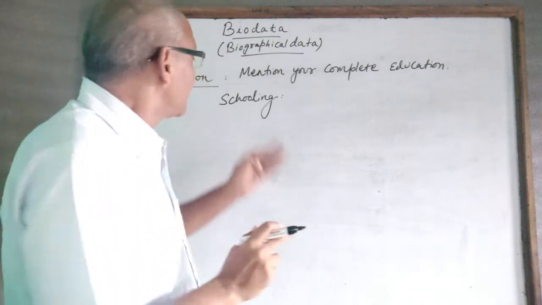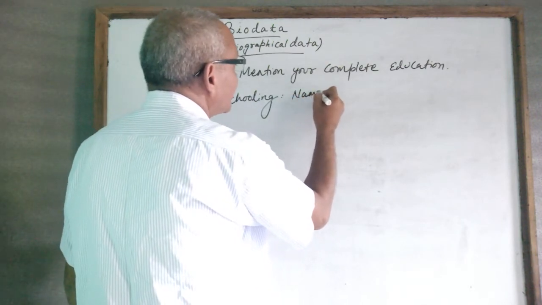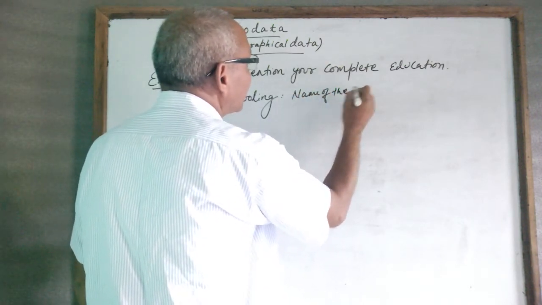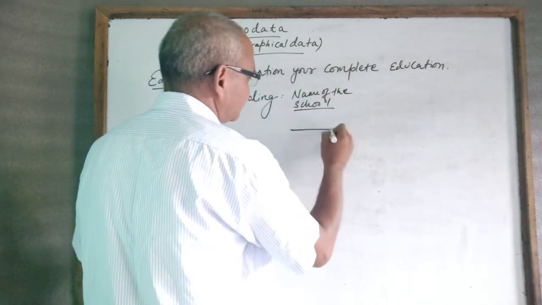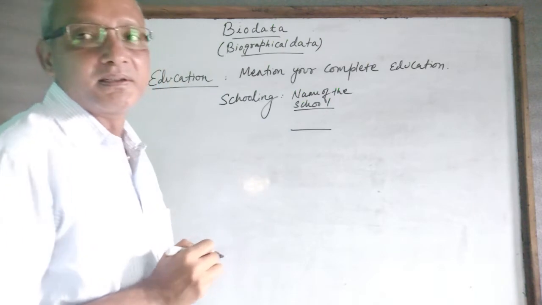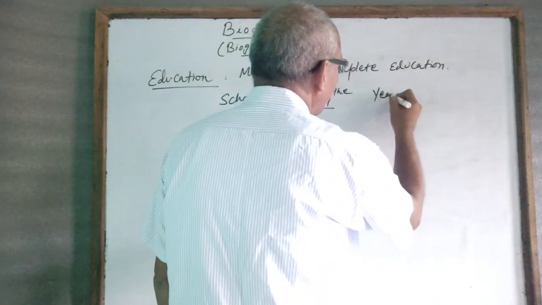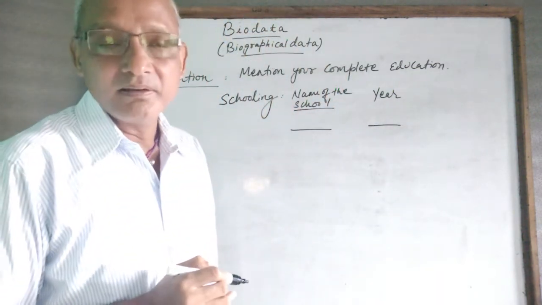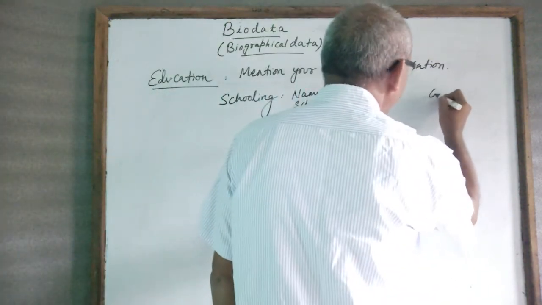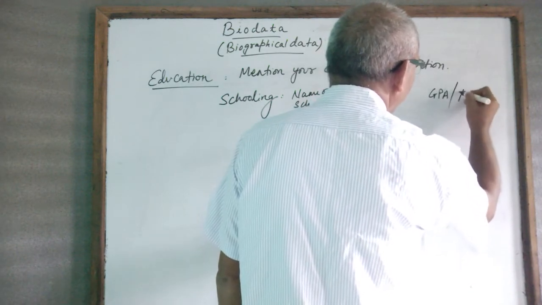Or, so what you do is here, name of the institution, name of the school you passed from, and in which year you passed. Then what was your GPA? If you don't have GPA, you can write down your percentage for school.